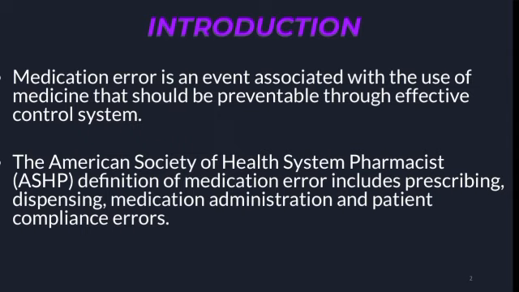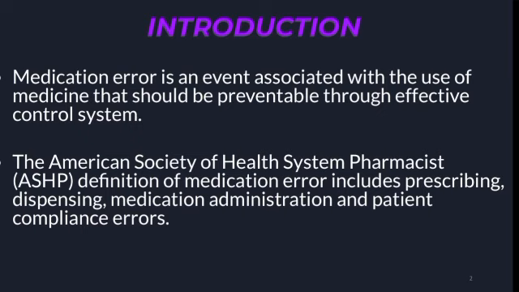These errors can be prevented by putting in some effort, like double checking. In hospital we can double check the medications before administering. In pharmacy, double check the medications before dispensing. If you put some time into preventing the error, it can be preventable.